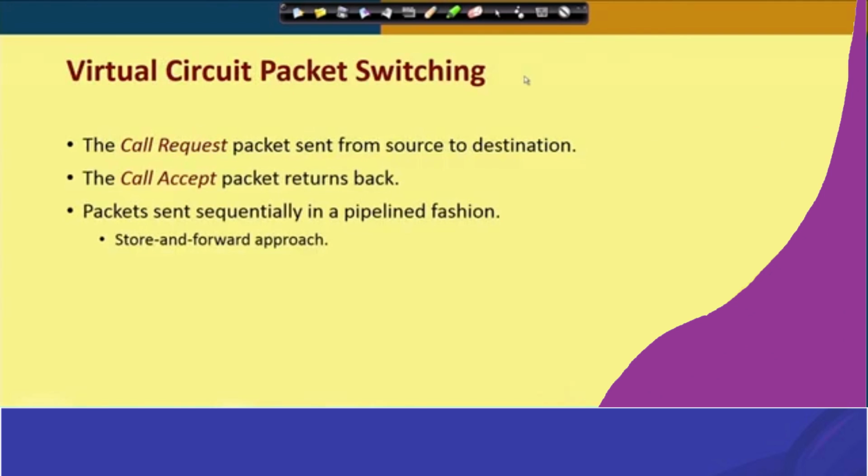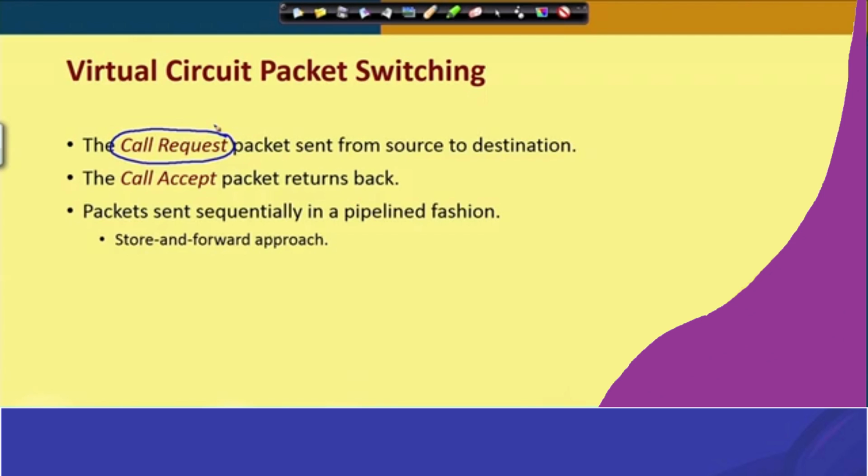Now, talking about virtual circuit, during the initial virtual circuit establishment phase, a special packet is usually sent, which is called the call request packet. I have not gone into the detail. This call request packet is responsible for establishing the virtual circuit and setting up the routing tables of all the intermediate nodes corresponding to this particular virtual circuit number.